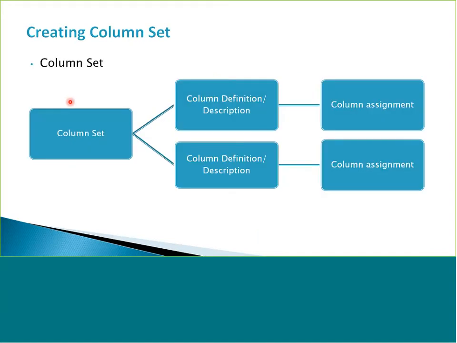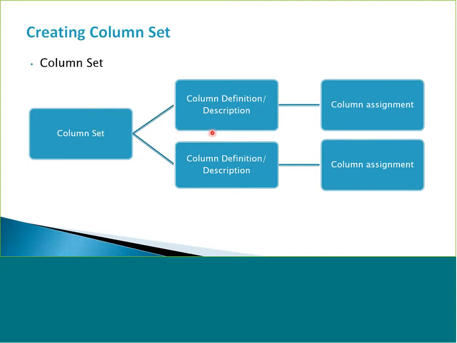Now, just moving on to understand the column set. This is the hierarchy, or a representation of the different levels we come through when we are designing a column set, just like I showed you with the row set. So we have here the highest level, where we define the name and the description of the column set.